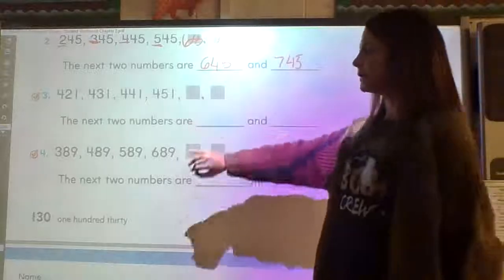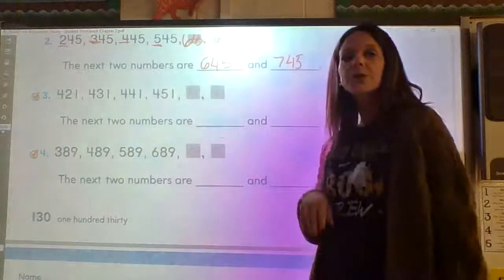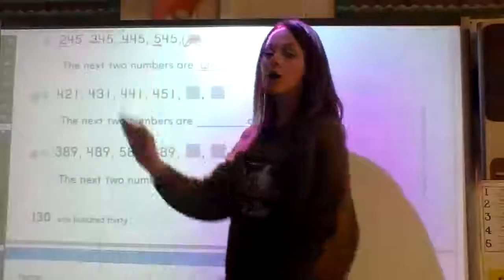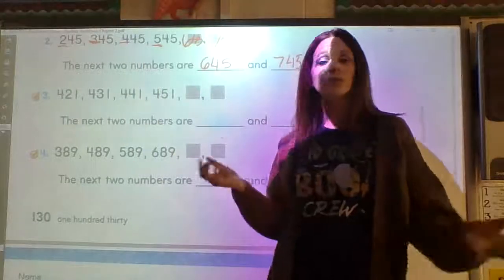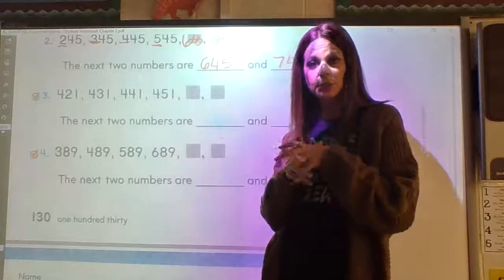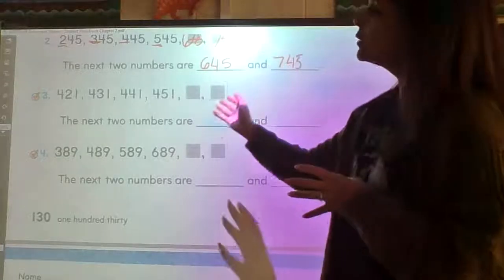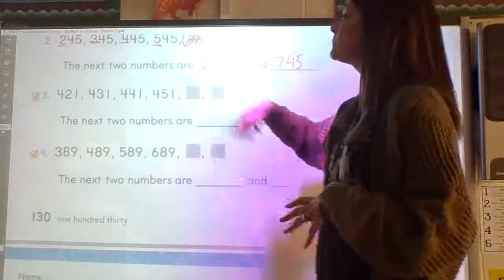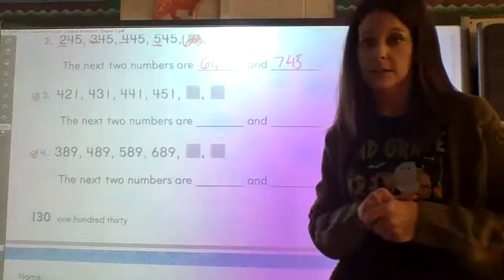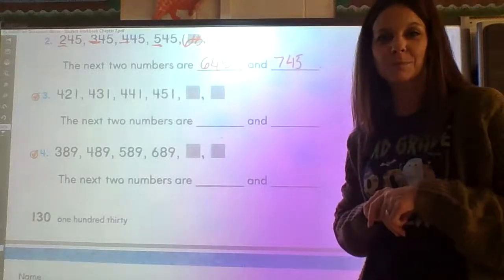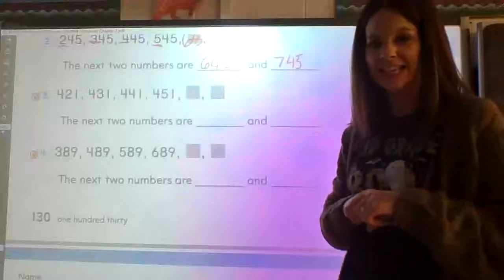We have our next 2 number patterns here. You're going to take a moment to go through these, and just like we've been doing, underline what's changing. Draw your value, your quick pictures, if you need to. Go through and see if you can figure out what the next 2 numbers are. Do not just guess. Try your best. When you're ready, push play and come back and we'll check our answers together.